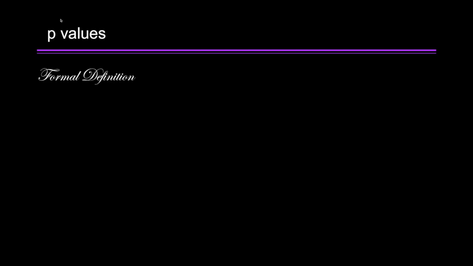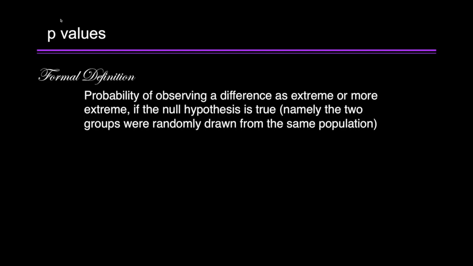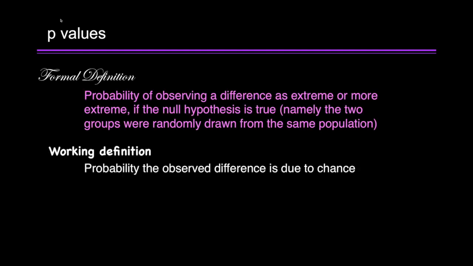The formal definition is the probability of observing a difference as extreme or more extreme if the null hypothesis is true, namely that the two groups were randomly drawn from the same population. Now, the working definition is the probability the observed difference is due to chance, and that makes statisticians break out in hives. But I can live with it. It's a reasonable way to think about the p-value.